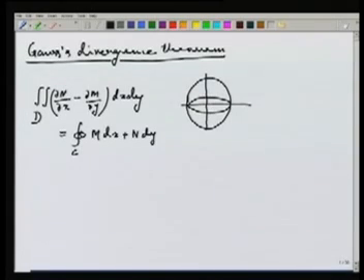Now we can recall that this last integral can also be written in the tangential form, that is integral over C of F dot T dt, where T is the unit tangent to the curve C.